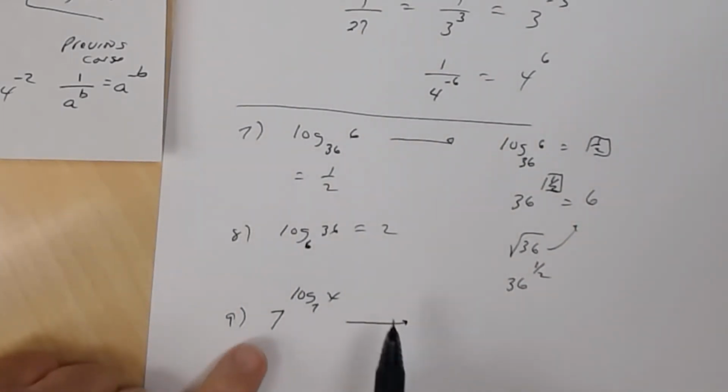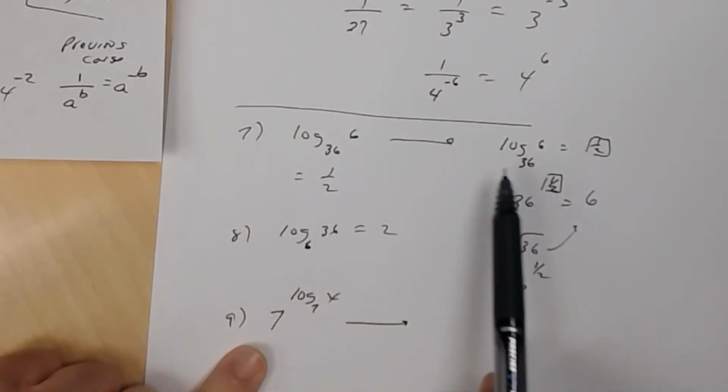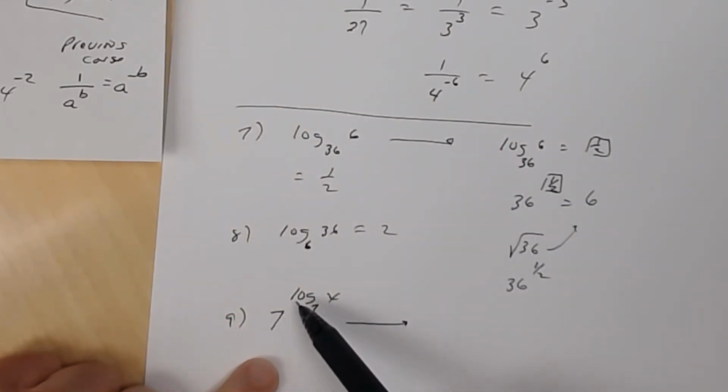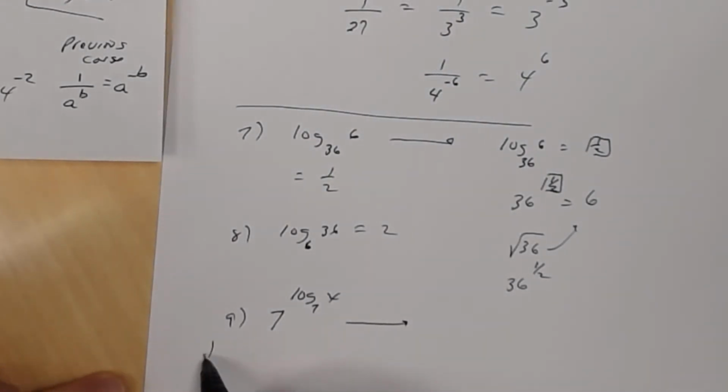Now, I want you to notice, see how in 1 through 8 you started out with the log equation, right? Okay, now notice though this right here is, think of this as exponential, because you have that exponent here. Think of this as an exponential equation.